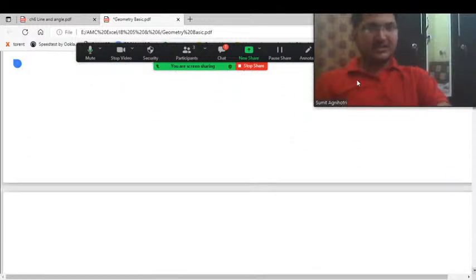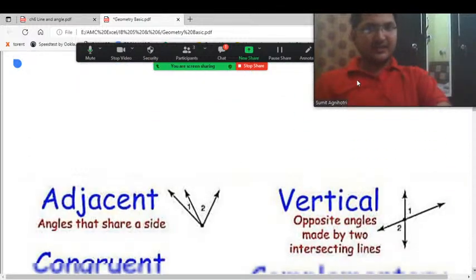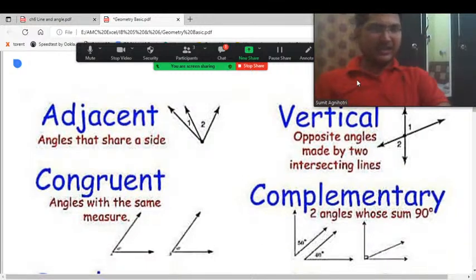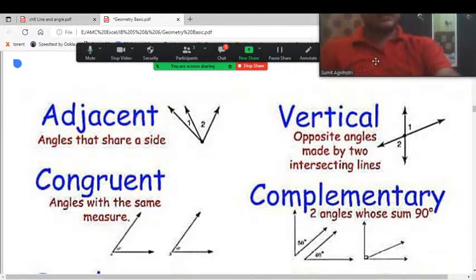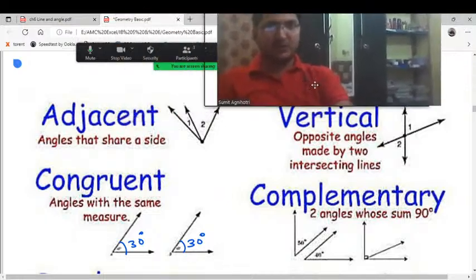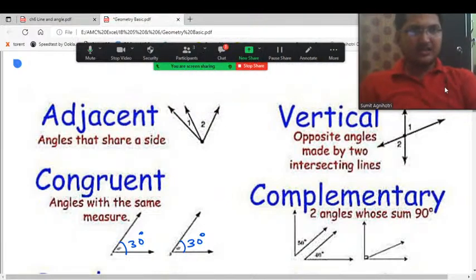Now it's our turn to understand what these are. We have already covered what adjacent, vertical, and congruent are. Congruent means they are exactly the same. If it is 30 and it is also 30, we call them congruent. Vertically opposite means intersecting lines make vertically opposite angles. Complementary: this is 50 degrees, this is 40 degrees, they sum up to 90, they are complementary.